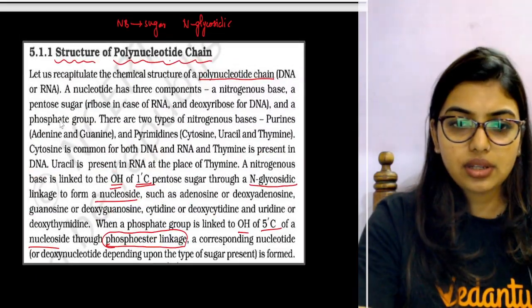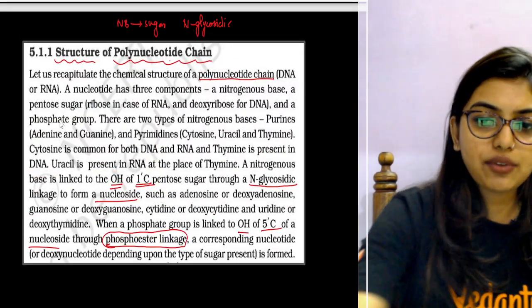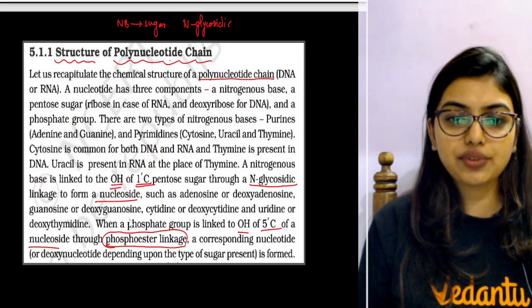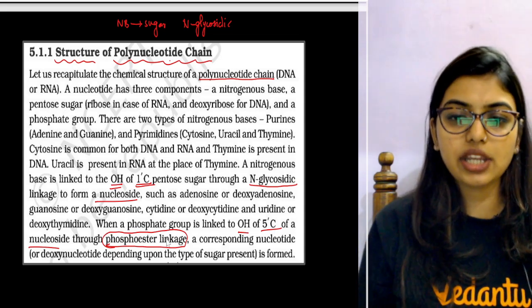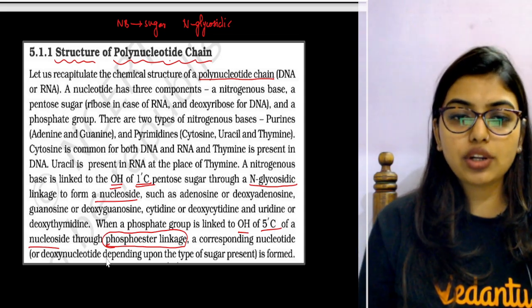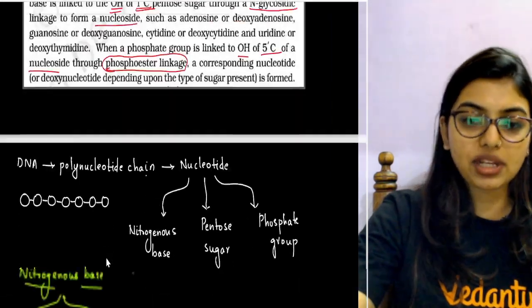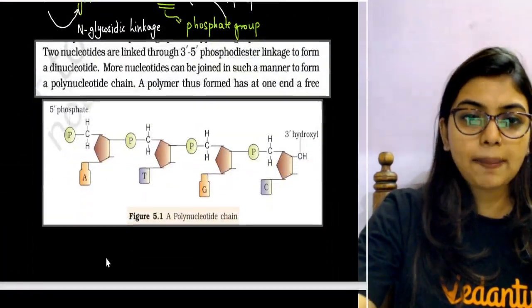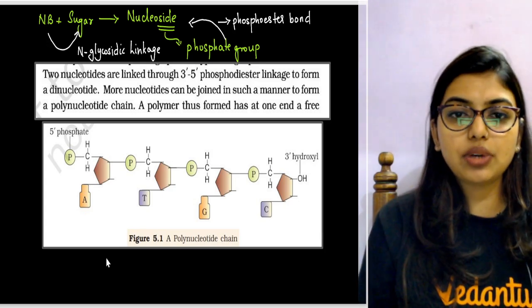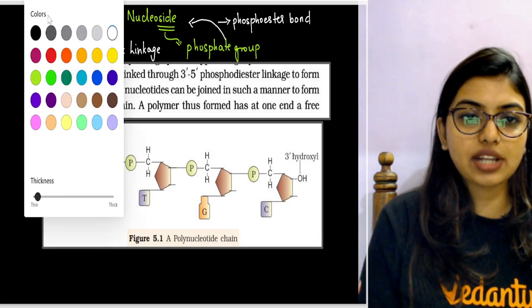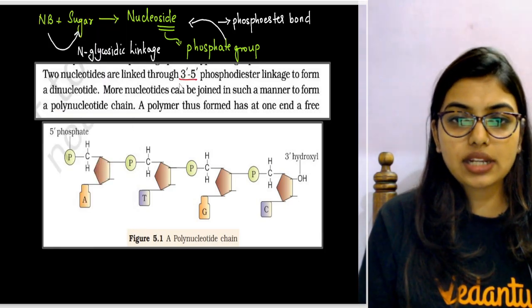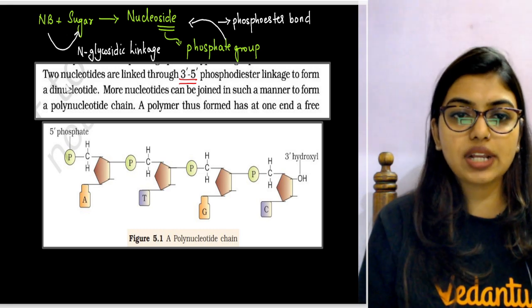Now here, when the phosphate group is linked to the OH of the fifth carbon, it will form a phosphoester linkage. A corresponding nucleotide or deoxynucleotide, depending upon the type of sugar, is formed. Now look here, they are telling two nucleotides are linked through a 3' to 5' phosphodiester linkage.